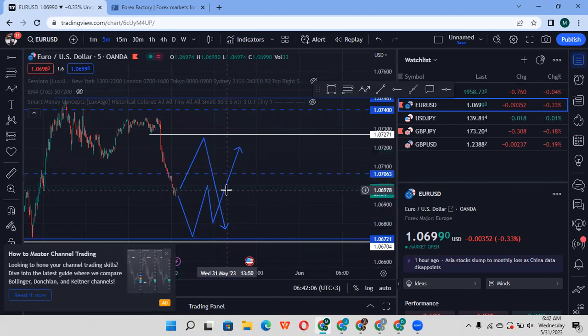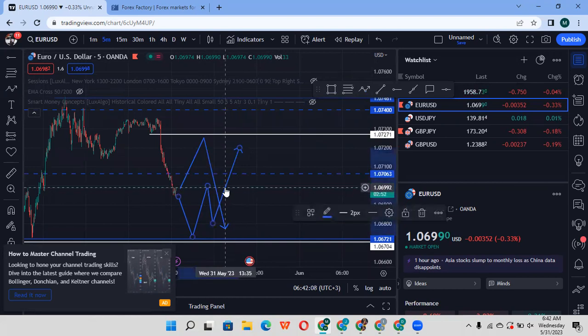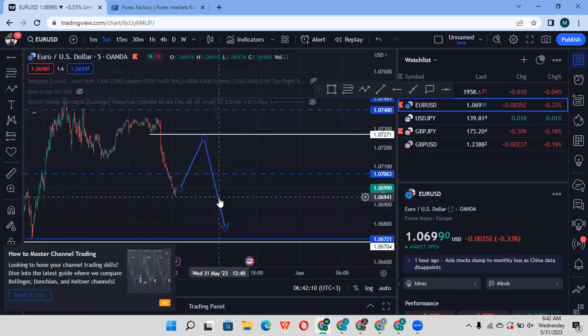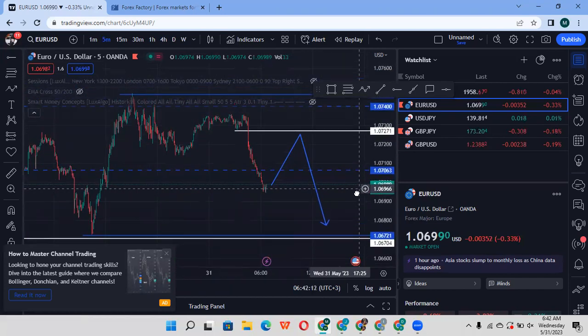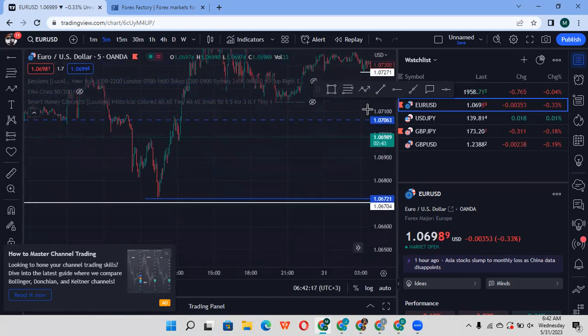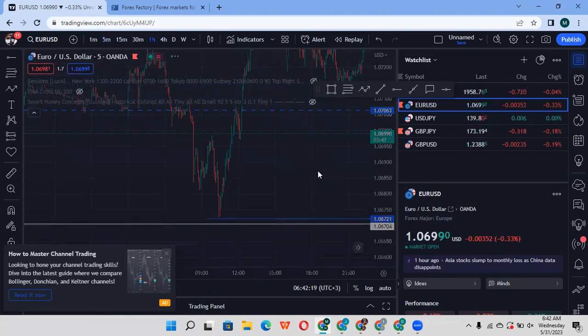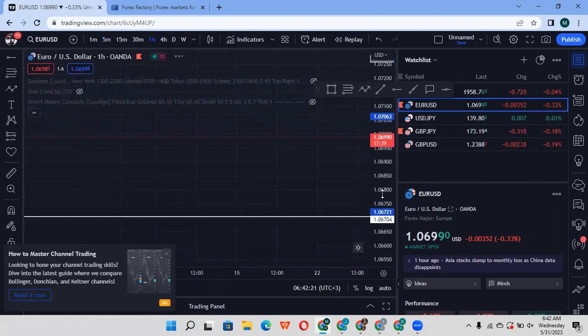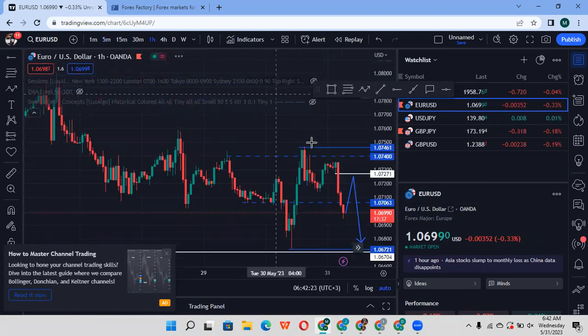So you can see this is the reason why I usually trade during New York session, because price will have already showed me exactly where it is moving.